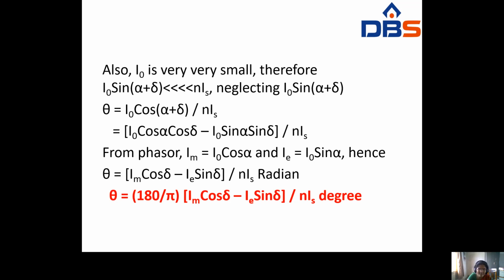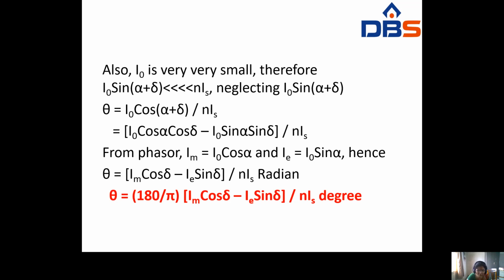Here you have to expand, this is in the form of cos(A plus B). The formula for cos(A plus B) is cos A cos B minus sin A sin B. So you write I naught cos alpha cos zeta minus I naught sin alpha sin zeta divided by n into Is. From the phasor, Im equals I naught cos alpha and I equals I naught sin alpha.